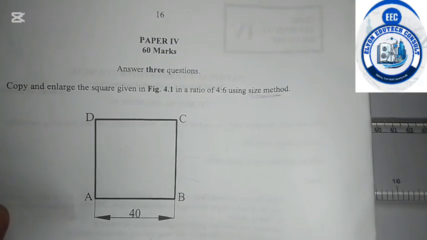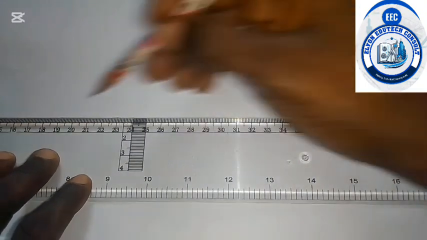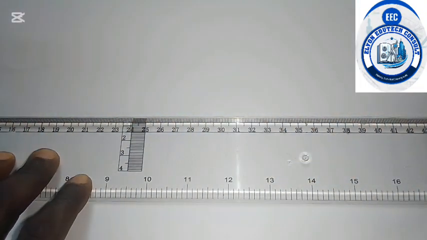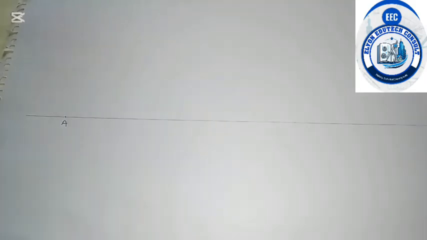Very quickly, the first thing I will do is copy this given figure. I will draw a baseline this way. On that baseline I'm going to construct an angle of 90 degrees, but I'll pick a point first. Let's pick this point as our A for the square.